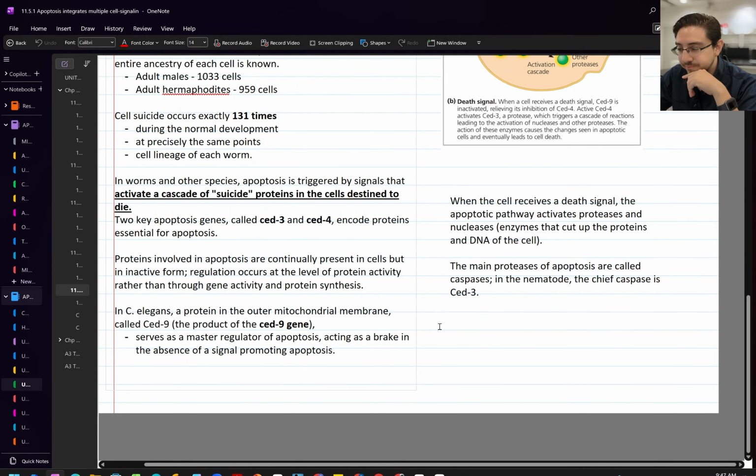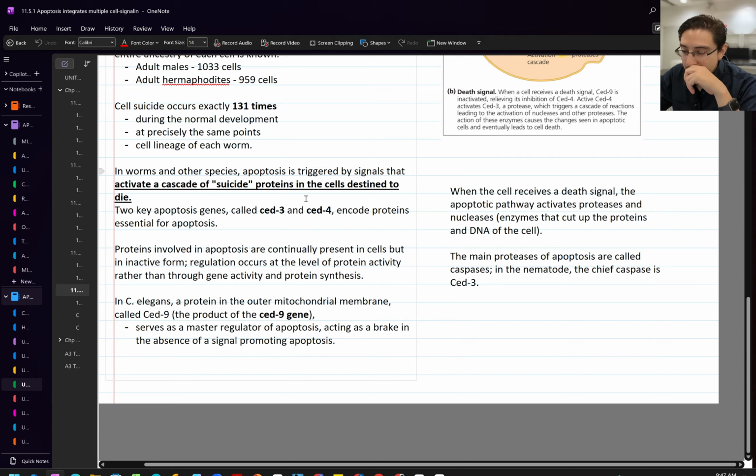What happens is that apoptosis is triggered by signals that activate a cascade of suicide proteins. That's pretty cool. And these proteins in cells that are destined to die will get activated. There are two key apoptosis genes, CED3 and CED4.